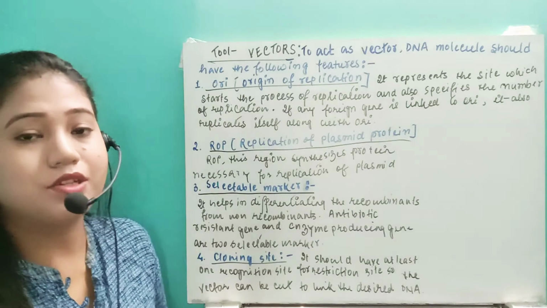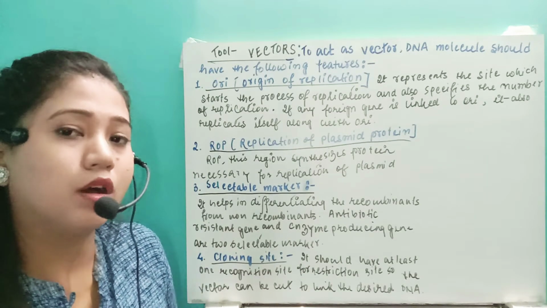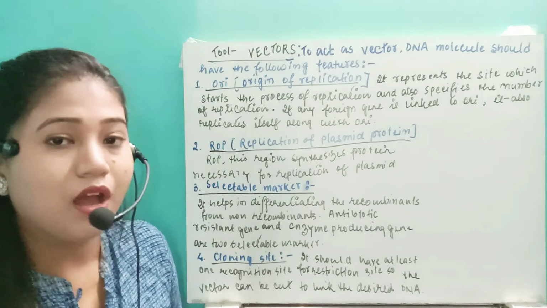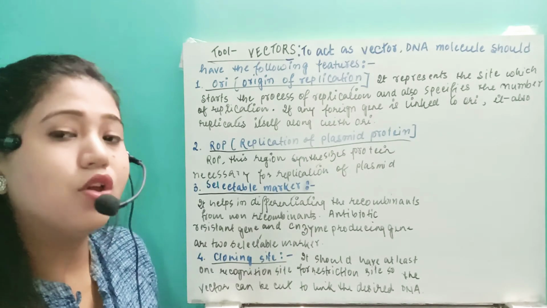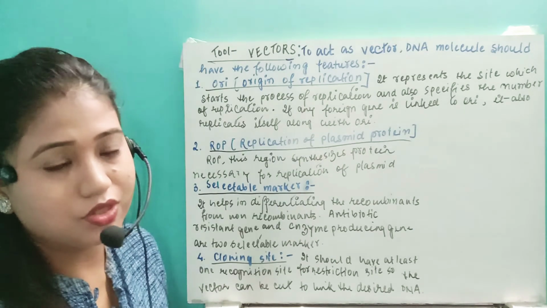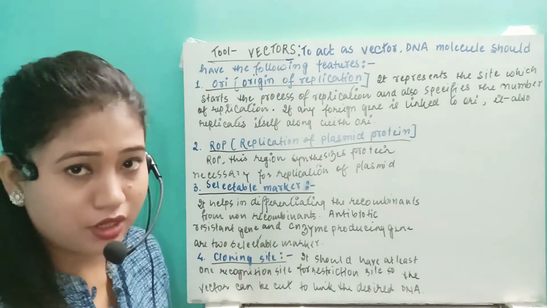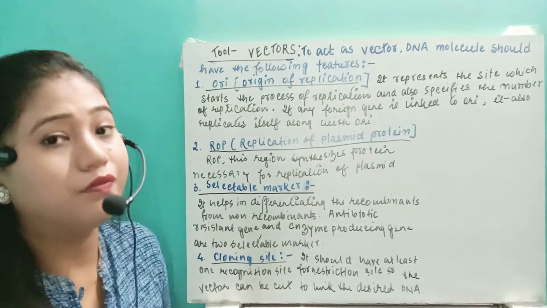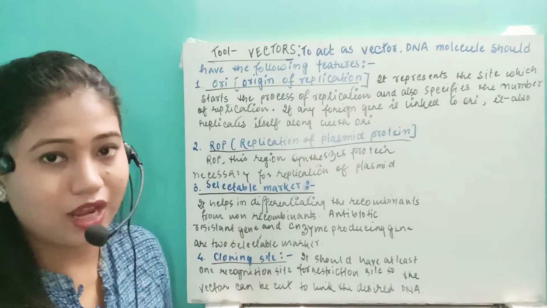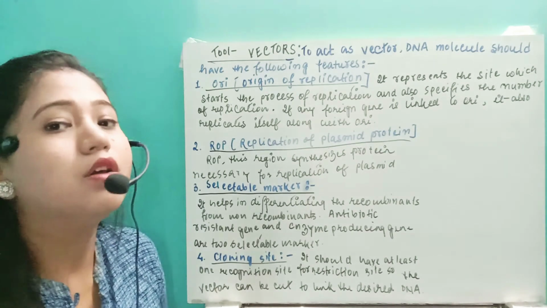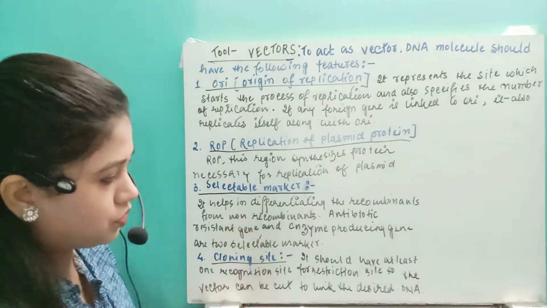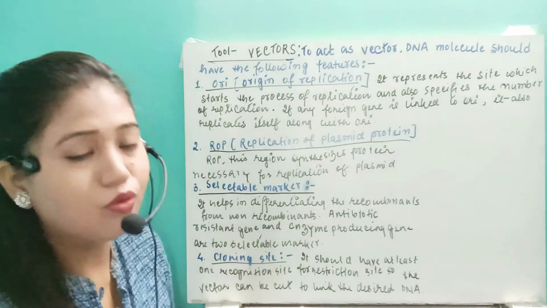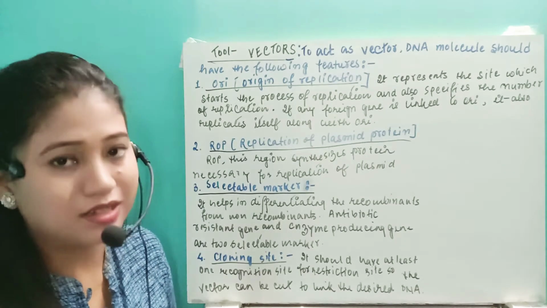After that, let's see the following features that a vector should have to be called a vector. That means a vector should have the following characteristics, following specific regions, then only can a vector be called a vector, and a vector can perform well. So see, what are the following features a vector must have.